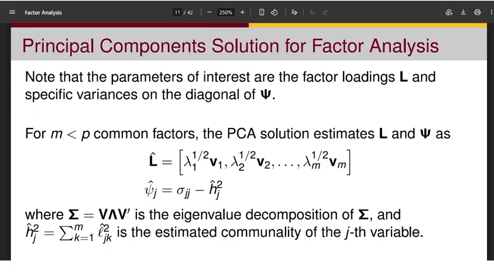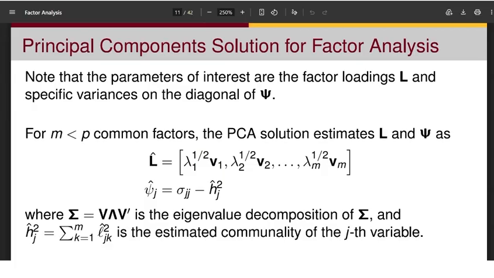We can use a principal component approach. I'm going to walk you through three different methods. Number one is the principal component approach. Number two, the iterated principal component approach. And the last one, which is statistical, is the method of maximum likelihood. So there are three different methods that we can use if we really want to extract factors. But you know what I want to start with now?